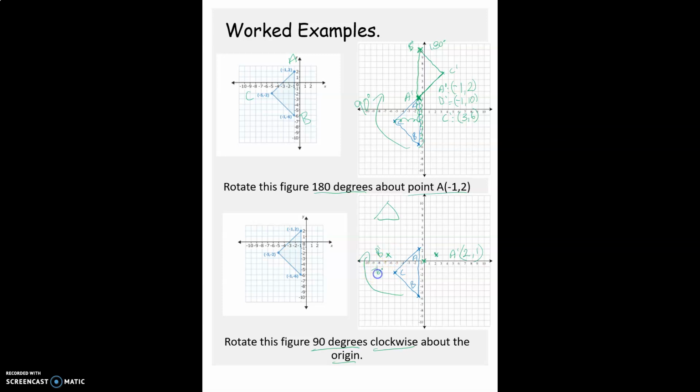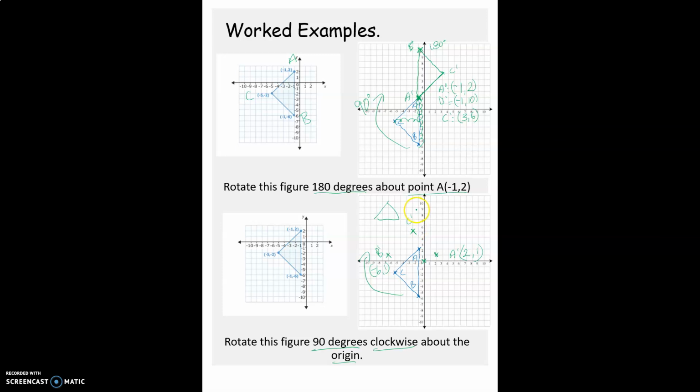So (-6, 1). Okay, and our C point needs to move into quadrant 2 as well, and it will be located at (-2, 5). So again, we go 1, 2, and we go up 5. We're located there.